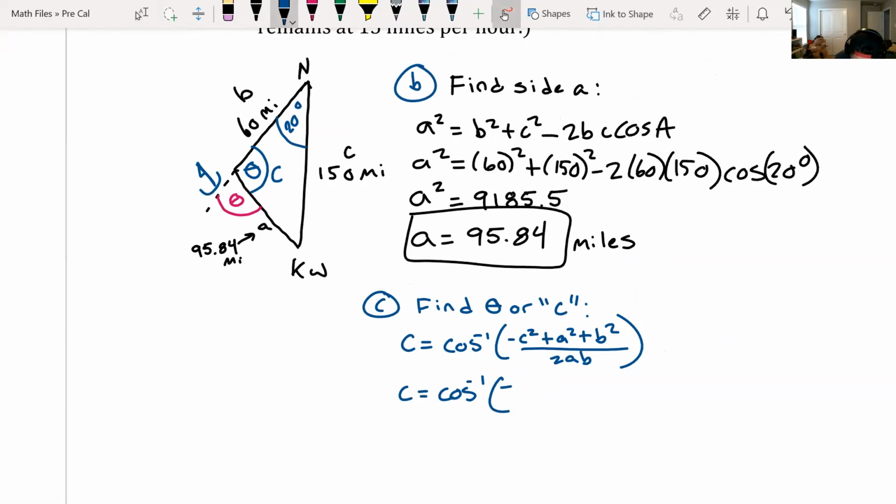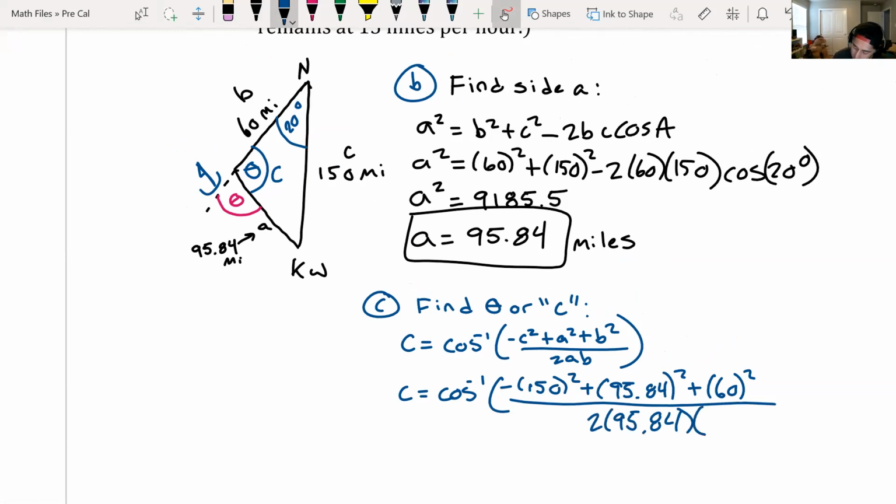So side C is 150, so negative 150 squared plus A squared, which is 95.84 squared plus B squared, which is 60, over 2 times A, 95.84, times B, which is 60. All right.